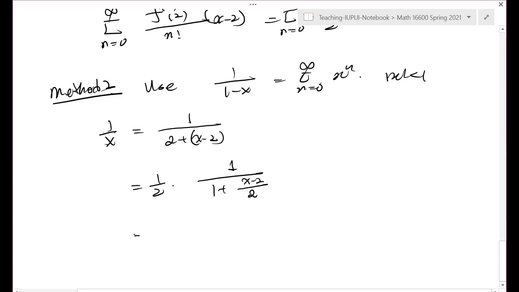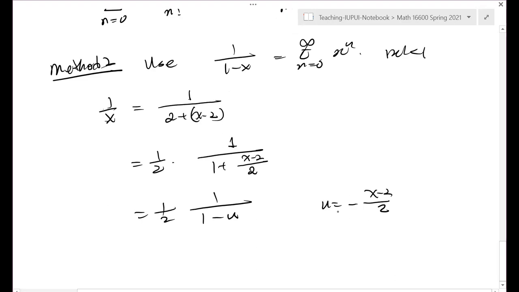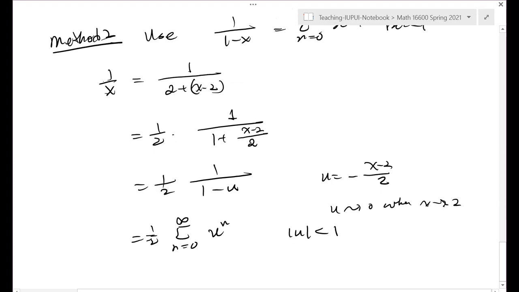What I'm trying to do is express it in this form. u is going to be negative (x minus 2) over 2. Then u is close to 0 when x is close to 2. So that's great. By the above result, the sum of u to the n holds when absolute value of u is less than 1.